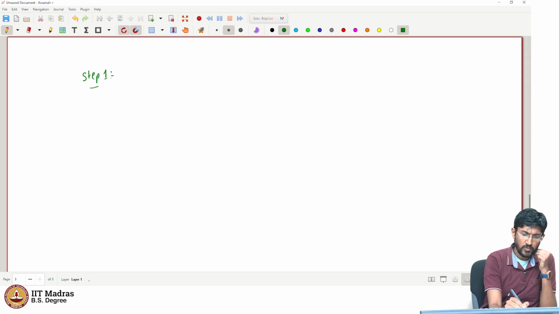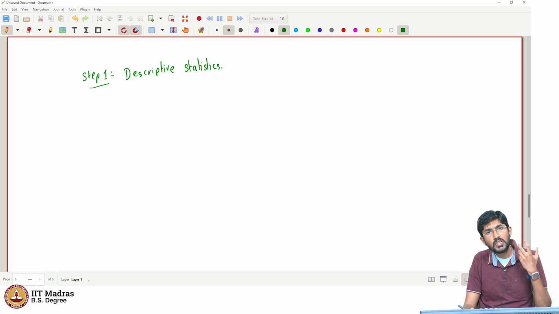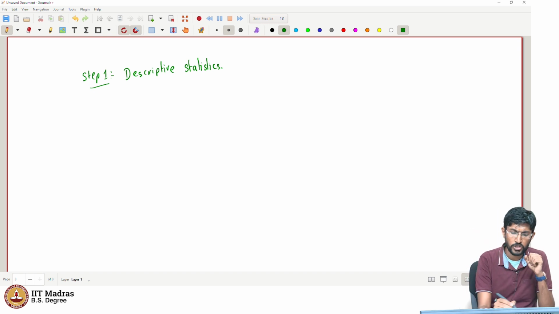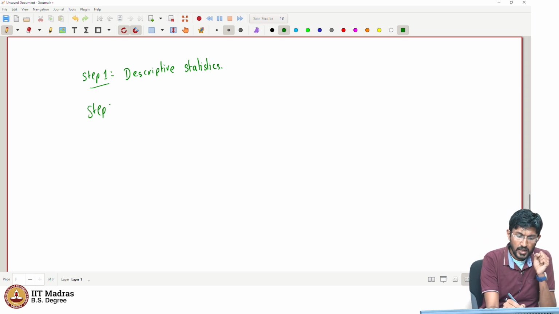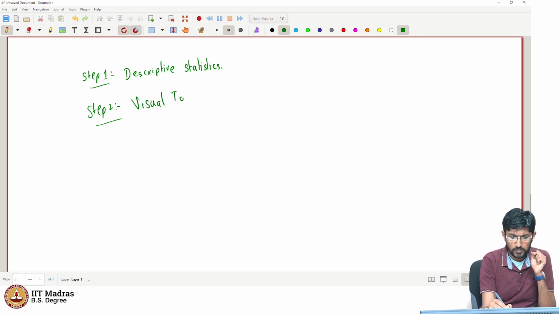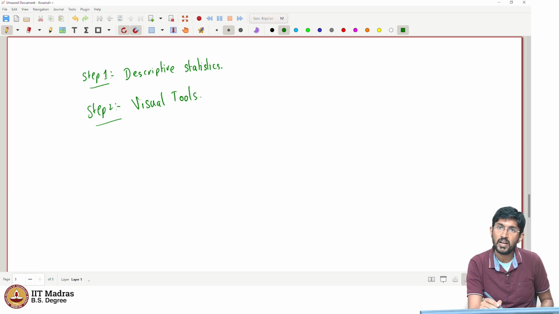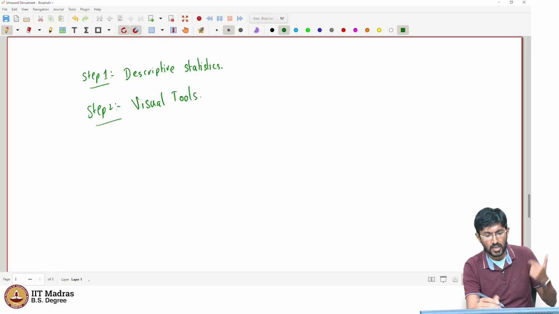In step 1, we are going to get descriptive statistics. And using these descriptive statistics, we are going to narrow down on some possible candidates for the population distribution. In step 2, we are going to use visual tools to further check whether whatever we have identified in the descriptive statistics matches with what we have got through visuals.